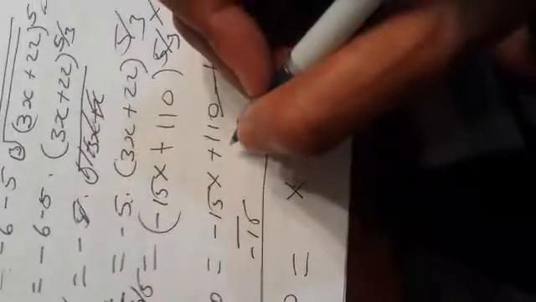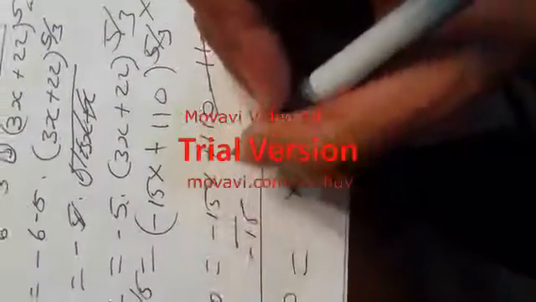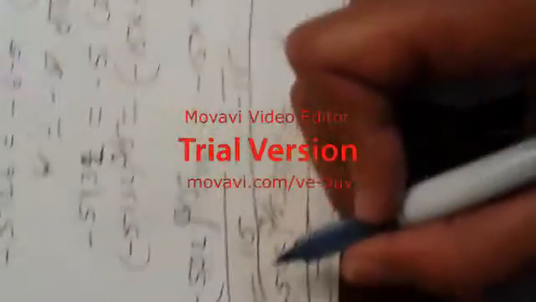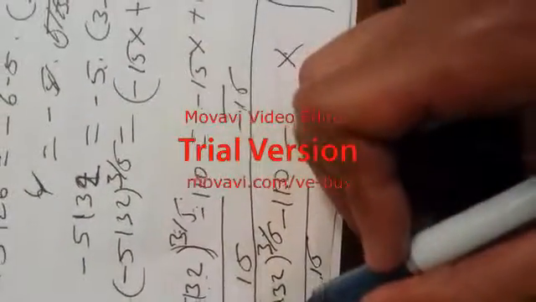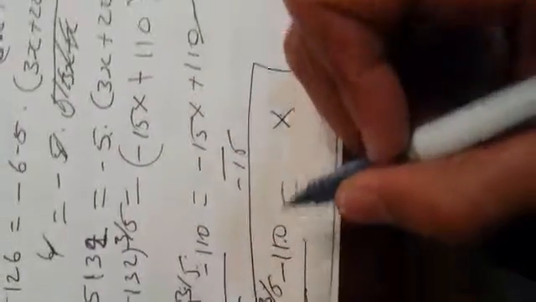That's where we actually got the negative 110 from. We subtracted the 110 from the negative 15x, which was left from that 3x plus 22. And then we were left with negative 5,132 to the 3/5 power minus 110, divided by negative 15, is equal to x. And that's as simple as we can get without using a calculator.